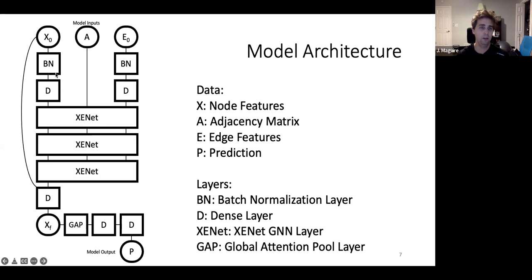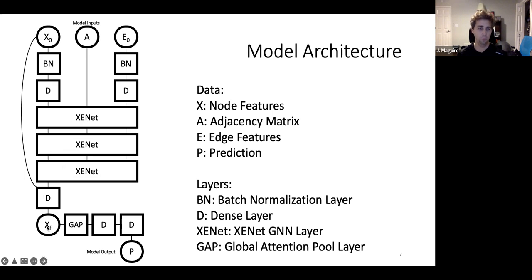One thing about it is that it updates edges and nodes, where most graph convolutional networks only update nodes, which is why we like it. However, after the final one, only the nodes survive. So we concatenate the input nodes with the processed nodes dense layer.